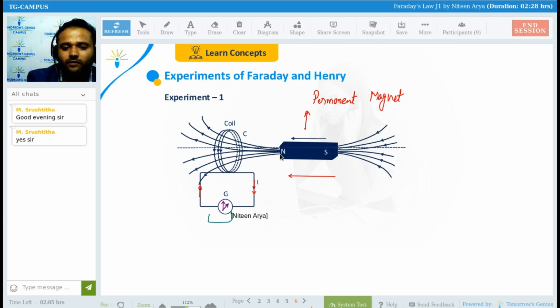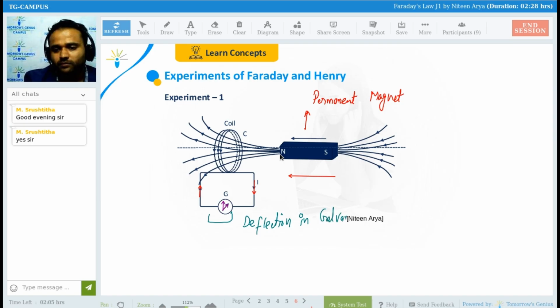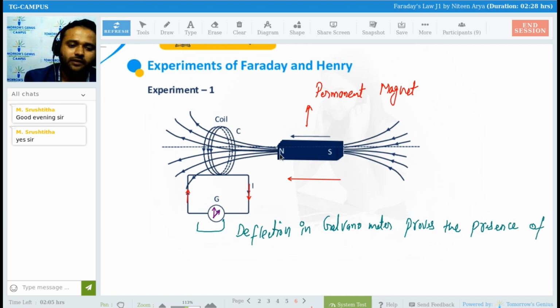Deflection in the galvanometer proves the presence of either voltage, which is EMF, or current.